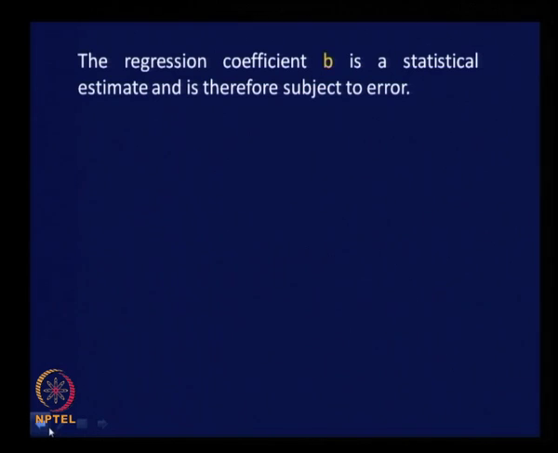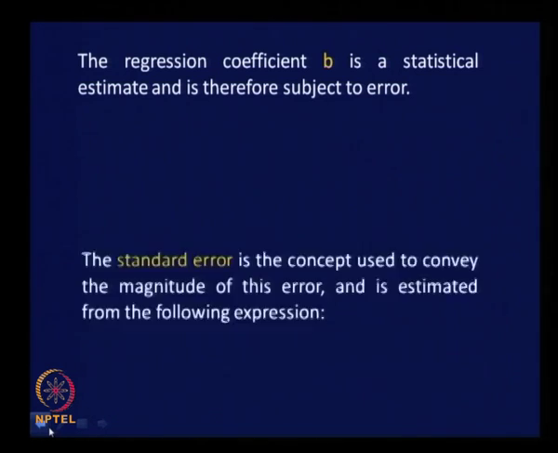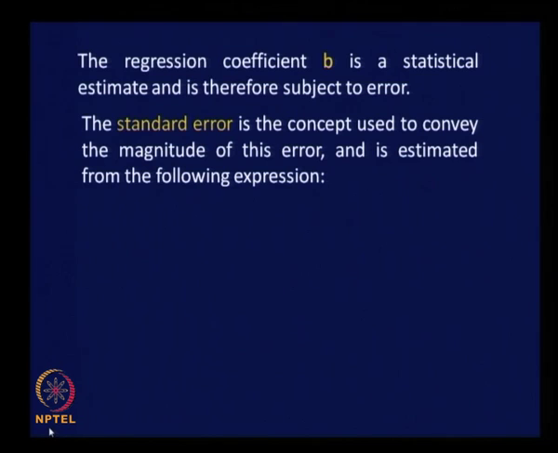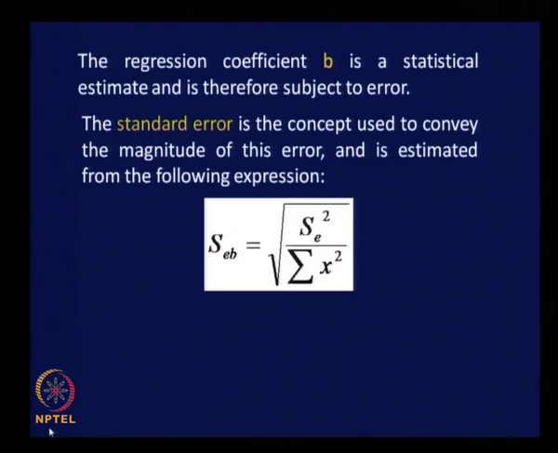Obviously we estimate the value of b because there is no direct equation available to get accurate value of b, and it is therefore subjected to error, and it is better to check for the error associated with the regression coefficient by some statistical measure. The standard error is a concept used to convey the magnitude of this error and is estimated from the following expression. This is the standard error associated with the regression coefficient b.